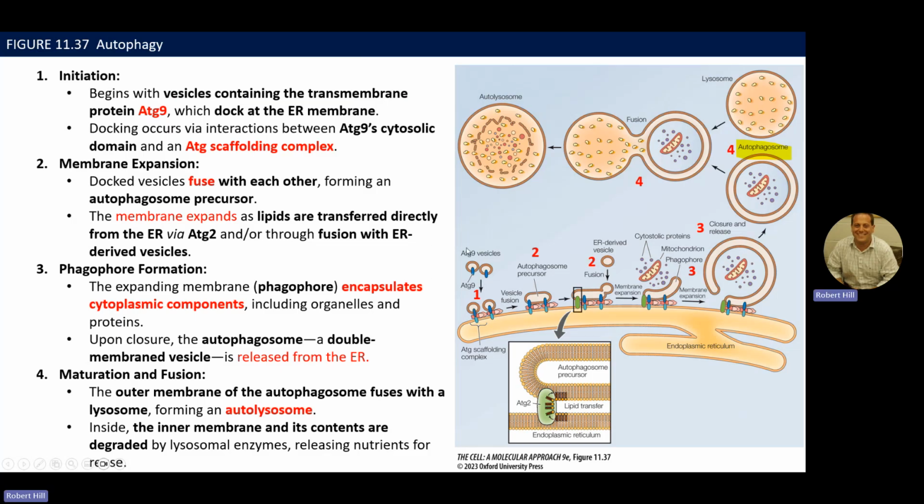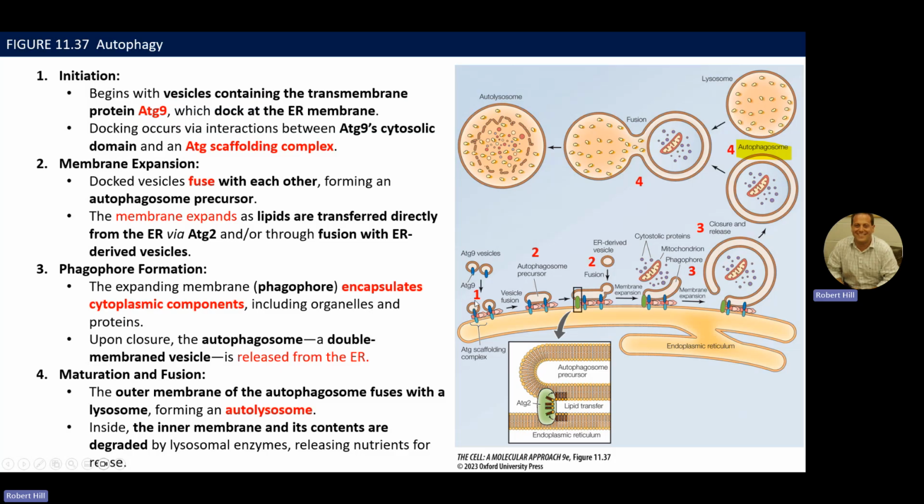Right? So it begins with vesicles that contain a starter receptor called ATG9. The vesicles may contain something that needs to get degraded, but ATG9 basically directs it to the ER.